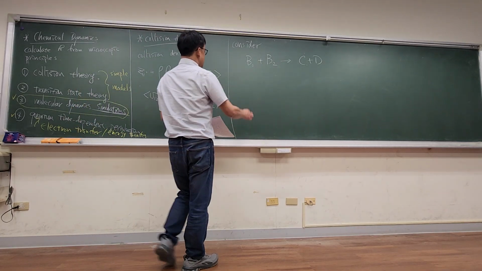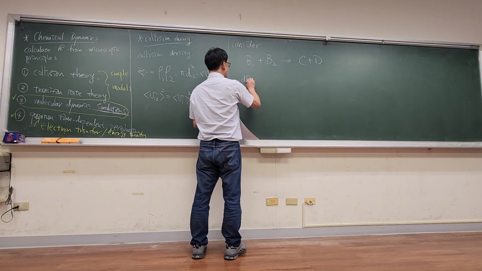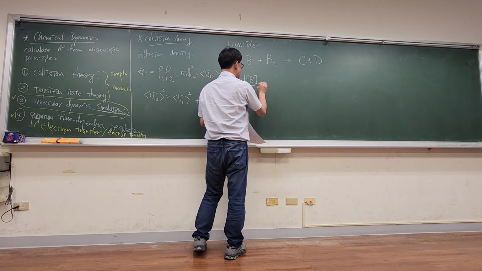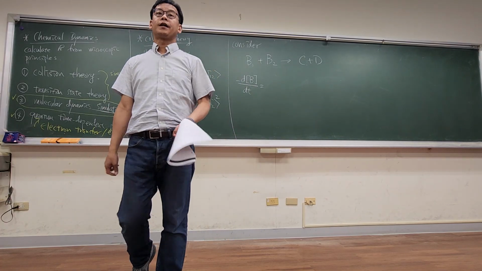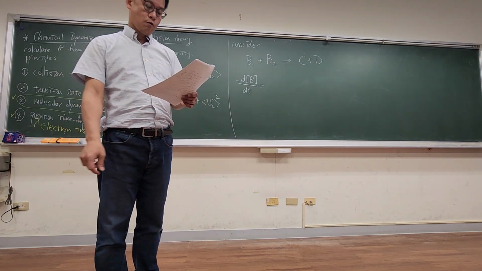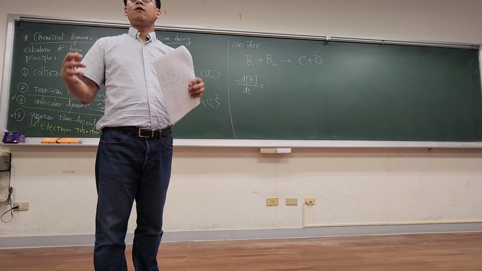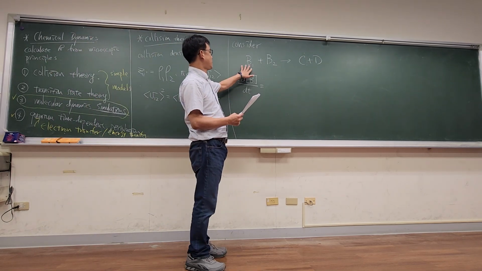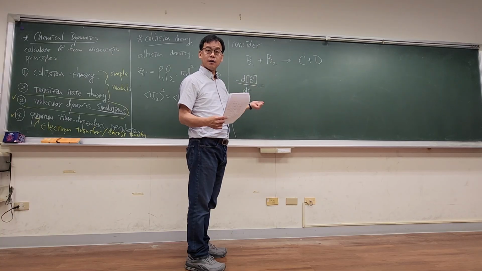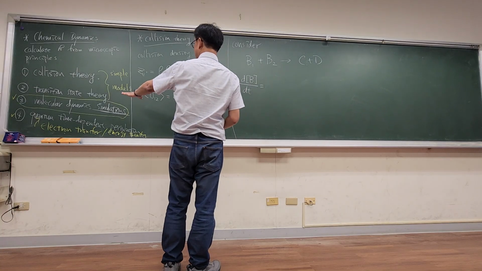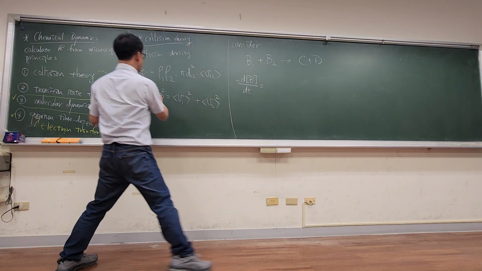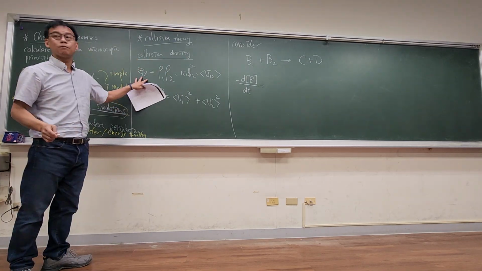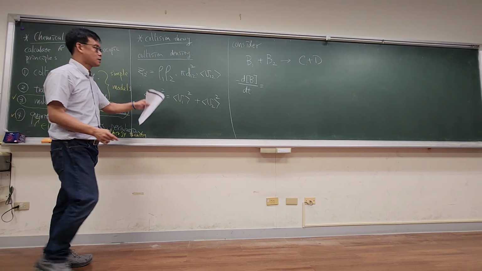And the rate of the reaction, defined as the time-dependent change in the concentration, would depend on how likely they collide with each other. So it's definitely proportional to Z12, the two-body collision density.